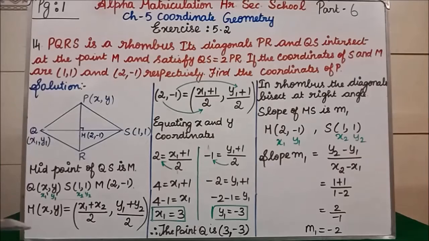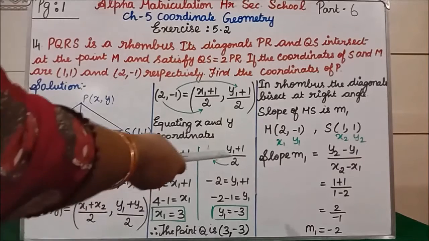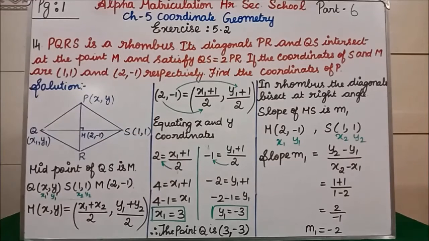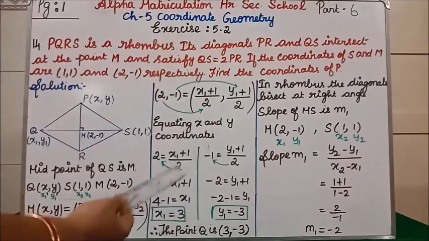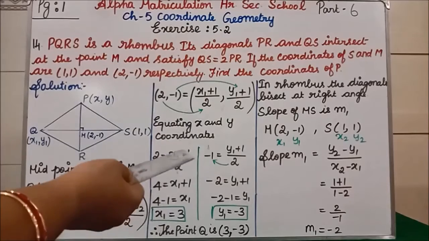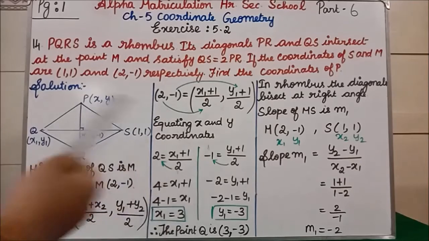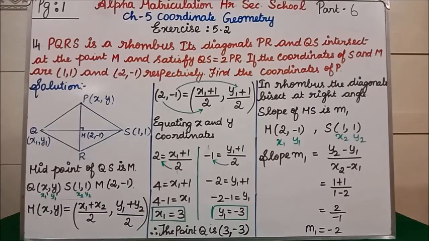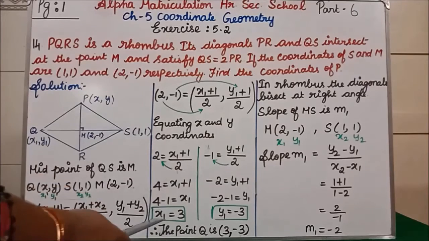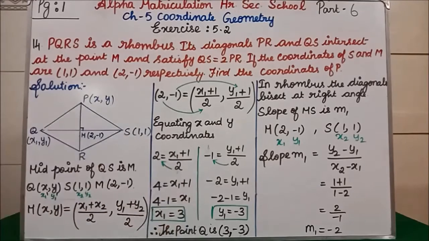Similarly, minus 2 equal to y1 plus 1; plus 1 moves to the other side as minus 1, so minus 2 minus 1 is minus 3. So y1 equals minus 3. Clear? Now we have got the point. Therefore, the point Q is (3, -3).